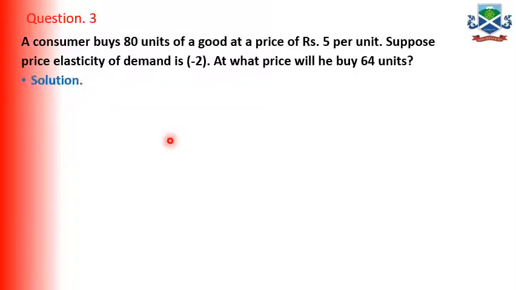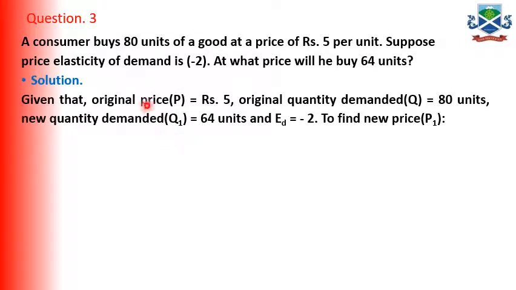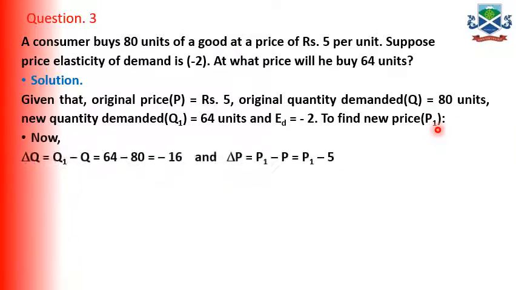Now we'll write down the information. Given that the original price is rupees 5, the original quantity demand is 80, the new quantity demand is 64, and ED, the price elasticity of demand, is -2. We have to find the price P1. The change in quantity demand is Q1 minus Q, the new quantity demand minus the original quantity demand, that is 64 minus 80.